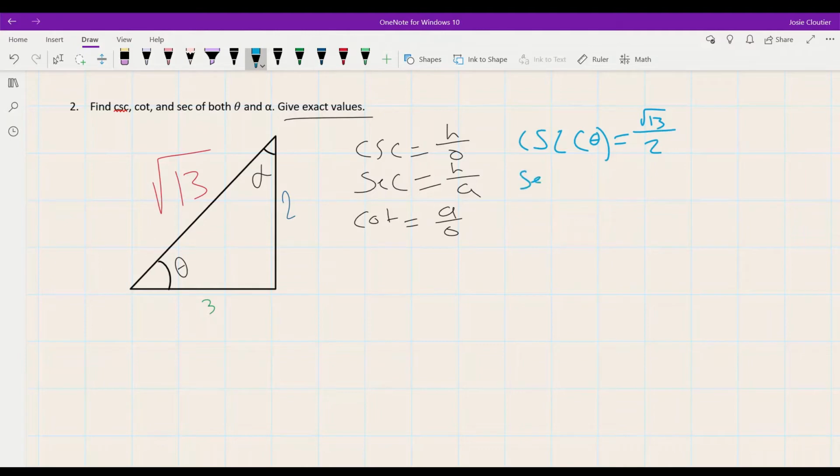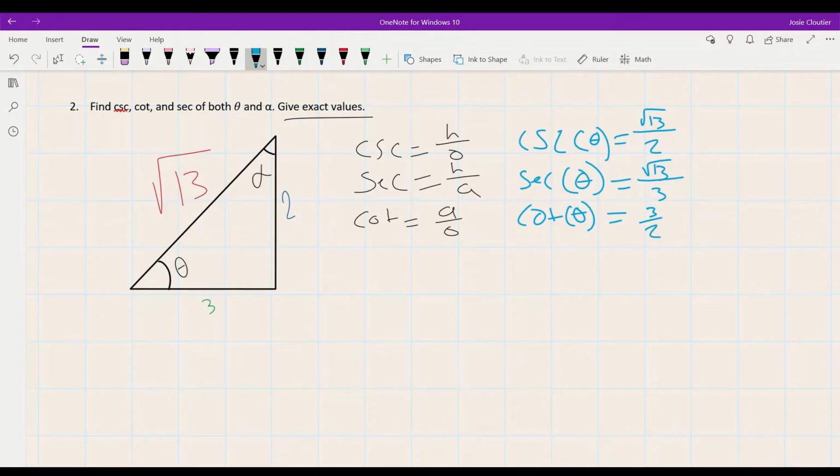Secant of theta is equal to square root of 13 over 3, and the cotangent of theta is equal to 3 over 2.